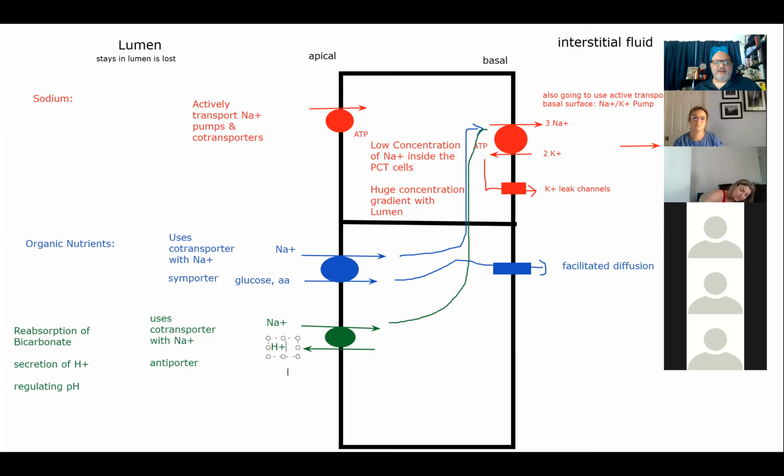Now, again, this has accomplished our goal of getting the hydrogen ion out here into the lumen so that it can be left. But remember, we have this bicarbonate in here as well.